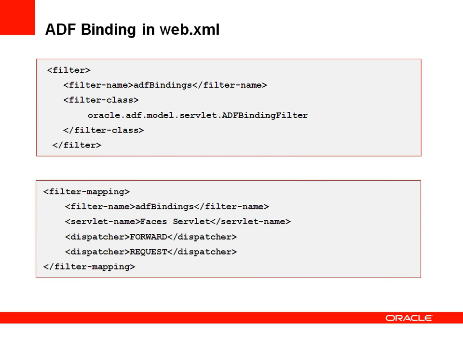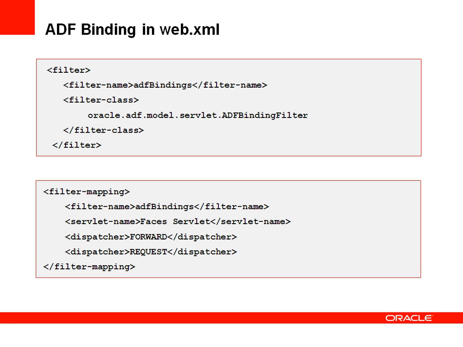The first time you drag and drop an ADF component from a data control panel onto a page, the web.xml file of the project is updated with the ADF binding filter. The ADF binding filter ensures that with the incoming request for a Java Server Faces page, the binding context of the ADF binding is created, is initiated, so that the ADF data and the ADF lifecycle is started with the lifecycle of the Java Server Faces page.